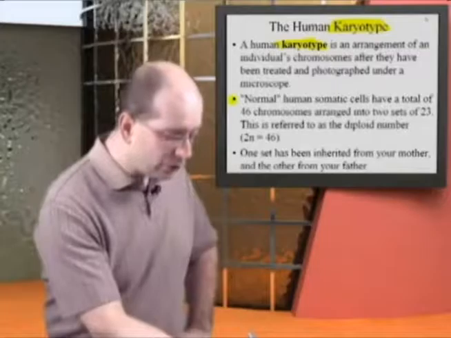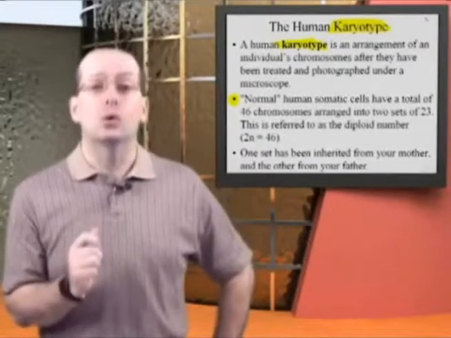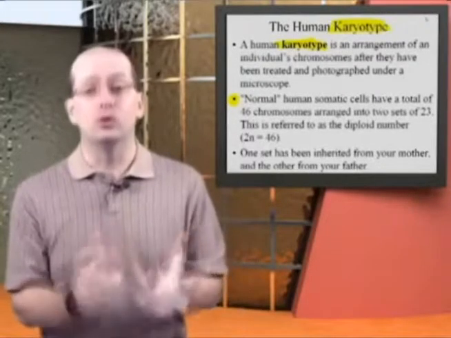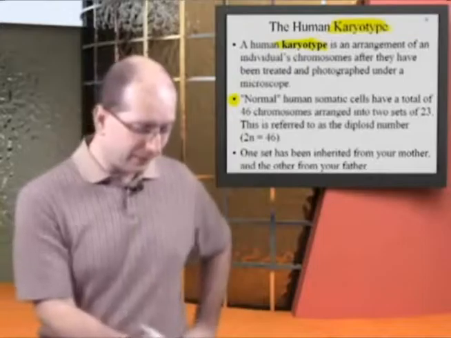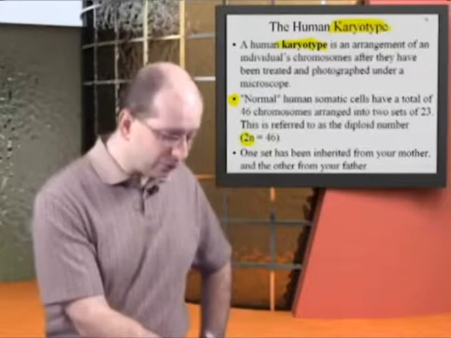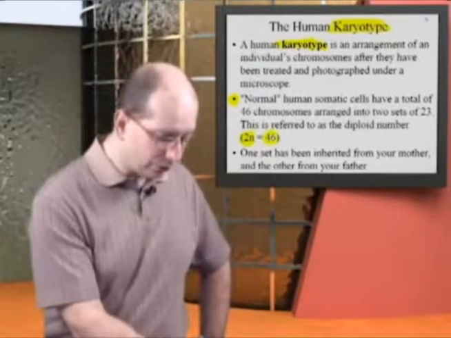So a normal human somatic cell, meaning not sex cell, has a total, as I'm sure you guys know, of 46 chromosomes arranged into 2 sets of 23. That's the diploid number, and algebraically, we say that 2n, because n is one full set, equals 46.